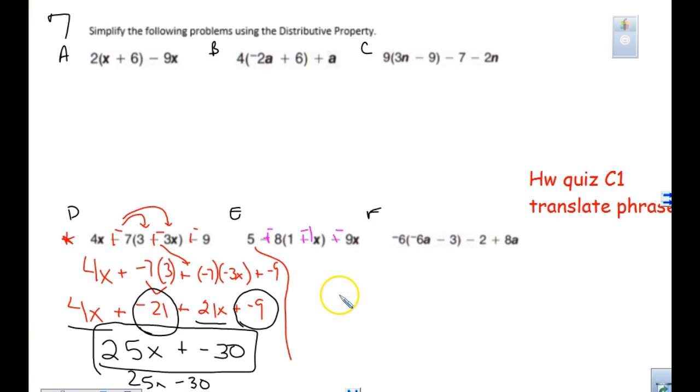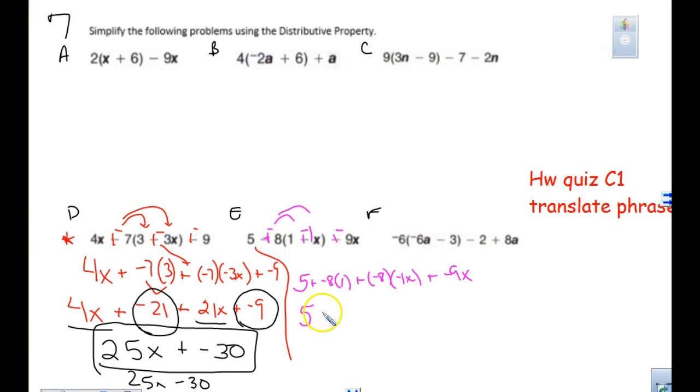When I do that, that will help you to not make as many errors, okay? So I would rewrite the problem as 5 plus -8 times 1, and then plus negative 8 times a negative 1x. That was using that distributive property. And then I have the plus negative 9x.